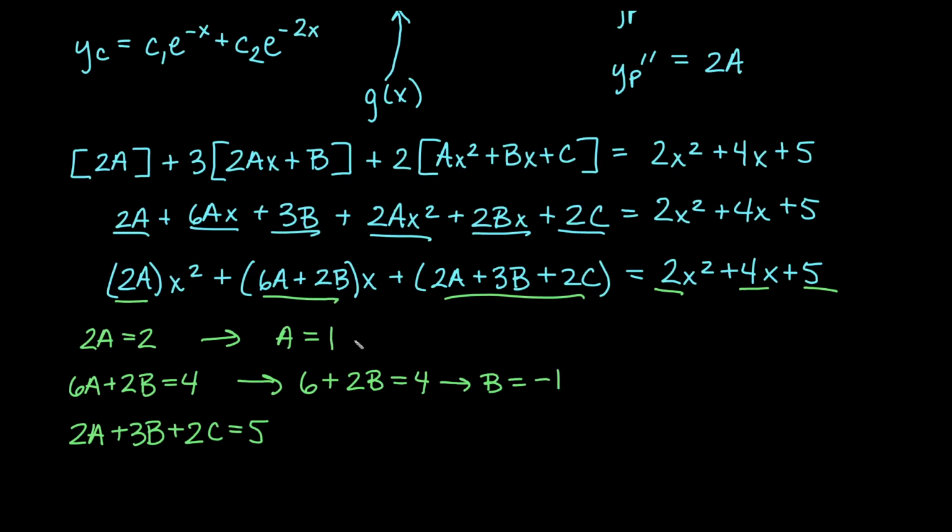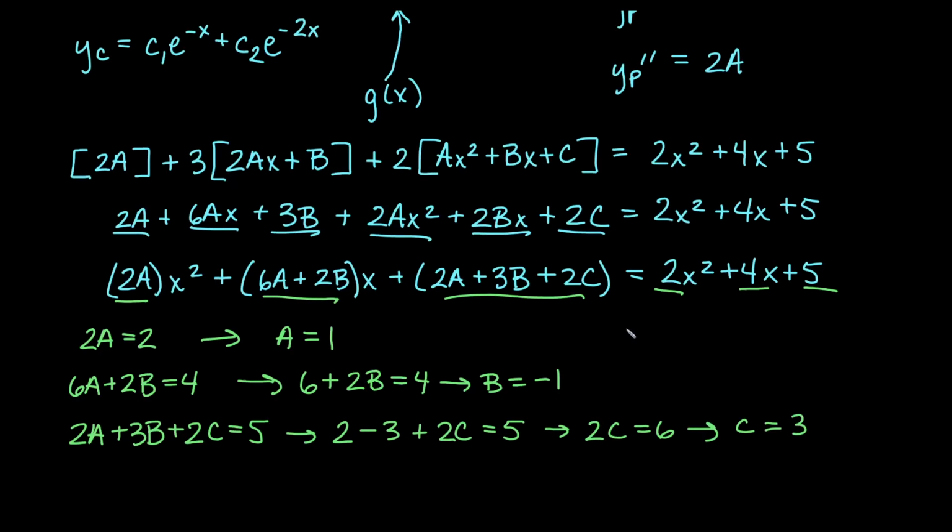And then if we take a as 1 and b is negative 1, we put them down in the last one, that would give us 2 minus 3 plus 2c is equal to 5. So we'd get negative 1 plus 2c is equal to 5. Add 1 to both sides. That would give you, actually, 2c is 6. Divide by 2. That would give you that c is 3.